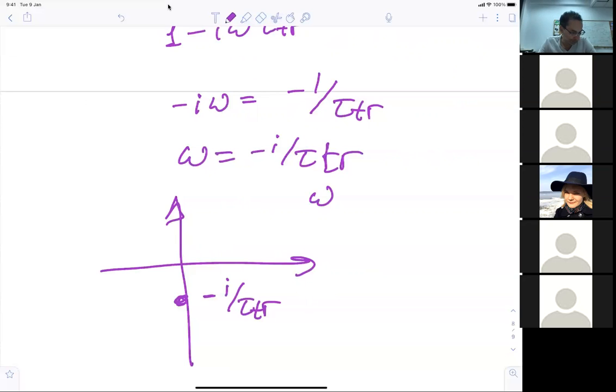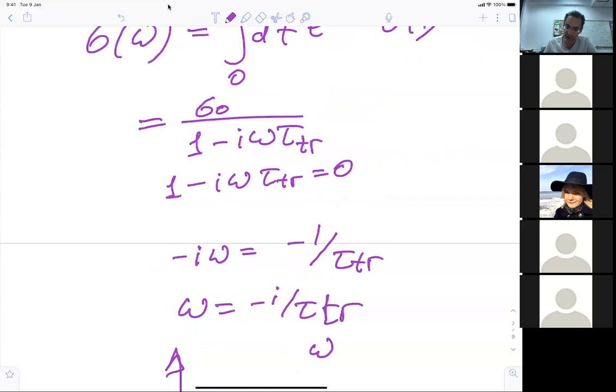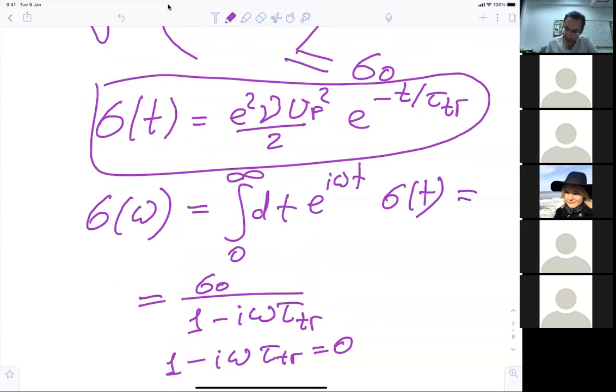And in the time representation, it's an exponentially decaying function with this typical scale, which is the transport time. Any questions?